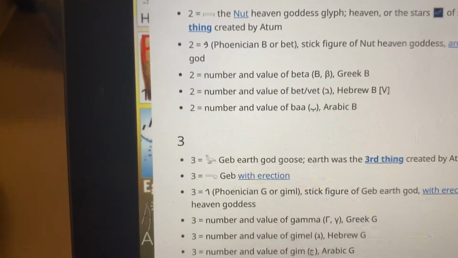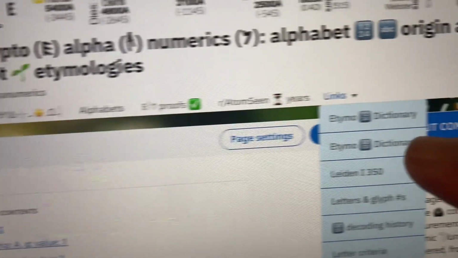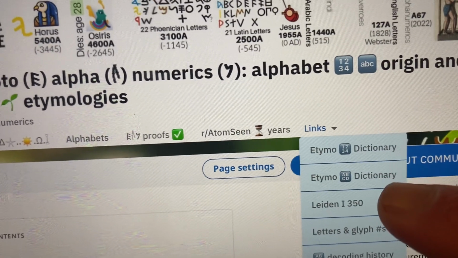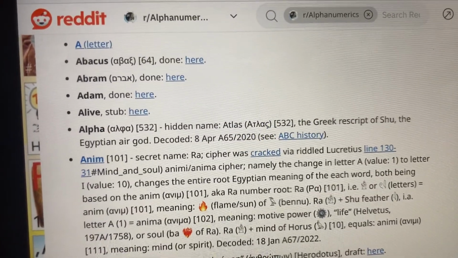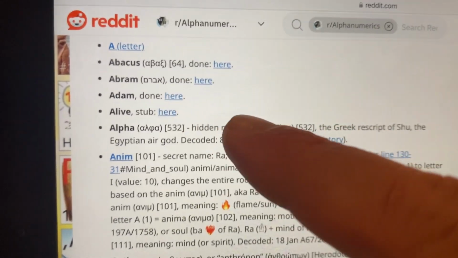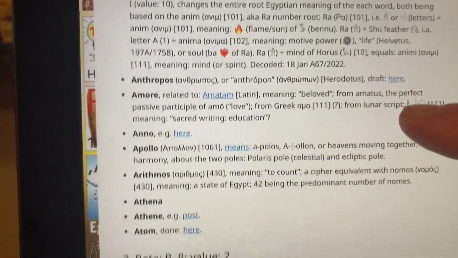And then also the ABC portion of the Egypto Dictionary, where I have words listed with their numbers and their decoded links, or descriptions of how the words are decoded numerically.